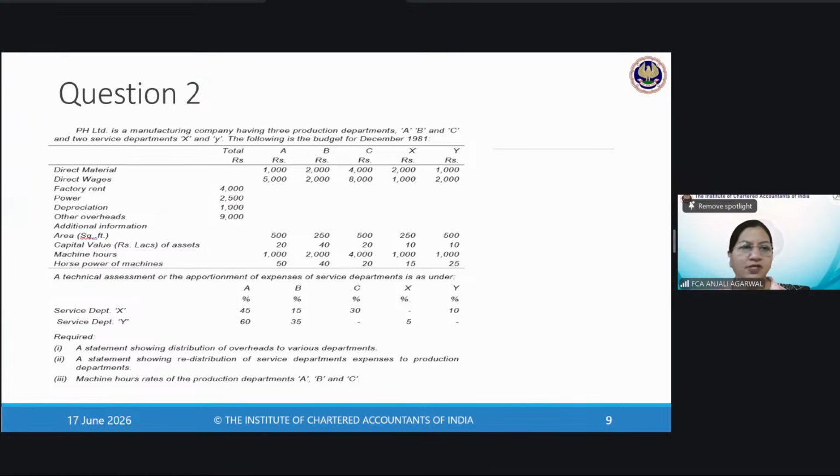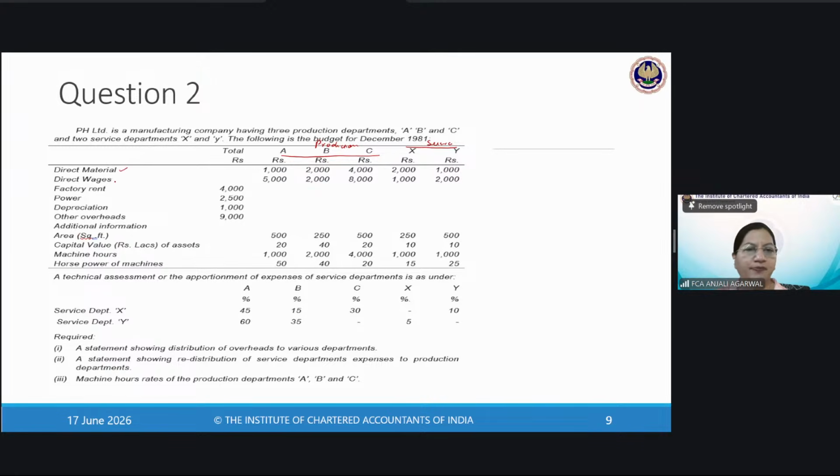Let's look at a full length question on repeated distribution or reciprocal method. PH Limited is a manufacturing company. It has three production departments, A, B, C, and two service departments, X and Y. This is the budget for the month of December.